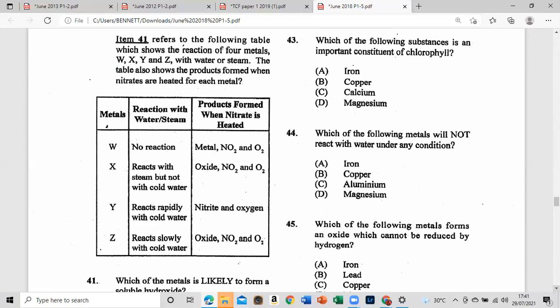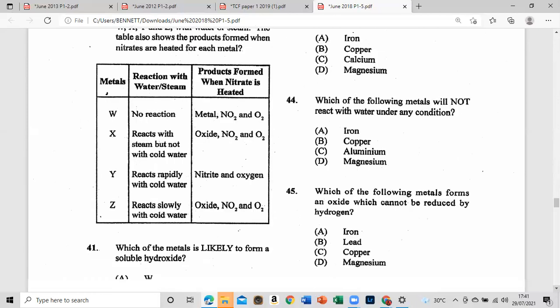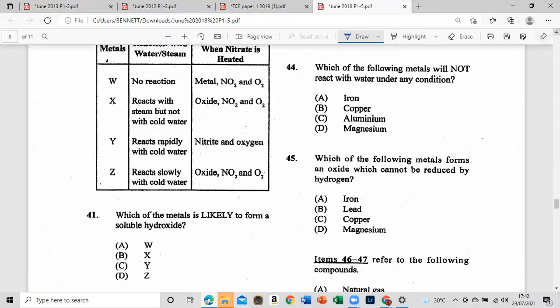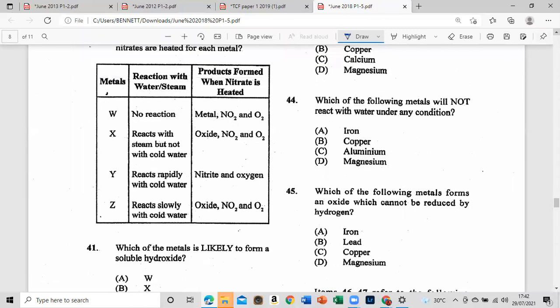So we see that W, no reaction. Just read the table, alright? I give you guys a chance to read the table, and then we'll meet whatever is asked. So now it says, which of the metals is likely to form a soluble hydroxide? Again, let's go back up to the table so you can see all.